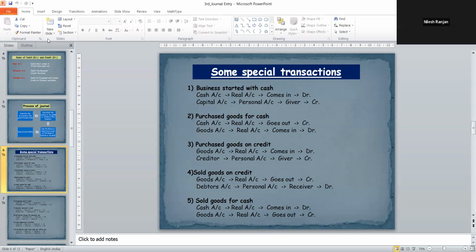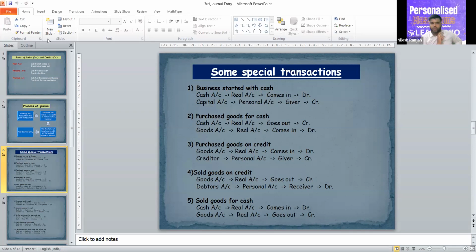Goods we are receiving and cash is going out. So we will debit the goods, and we will credit the cash.